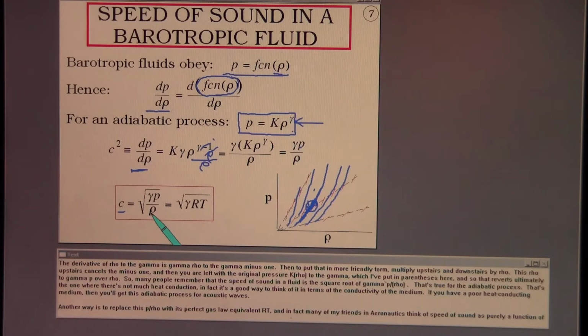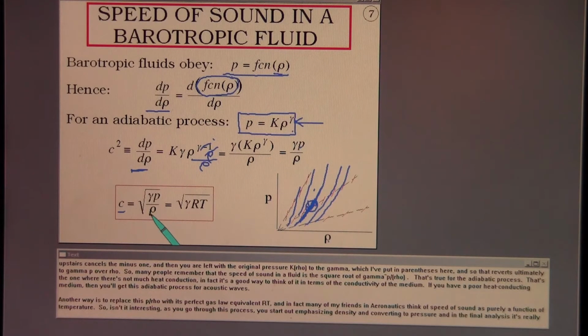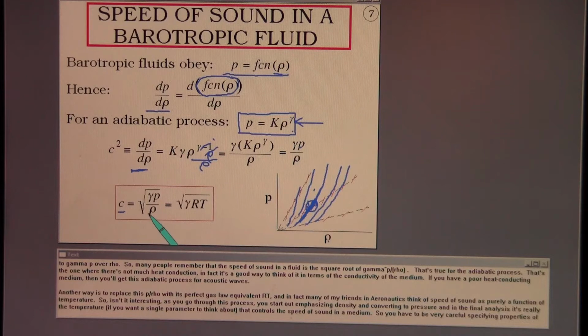That's the one where there's not much heat conduction. In fact, it's a good way to think of it in terms of the conductivity of the medium. If you have a poor heat conducting medium, then you'll get this adiabatic process for acoustic waves. Another way is to replace the P over rho with its perfect gas law equivalent, RT.